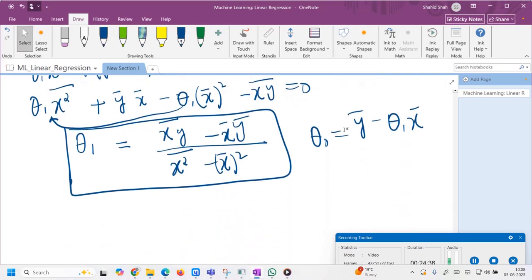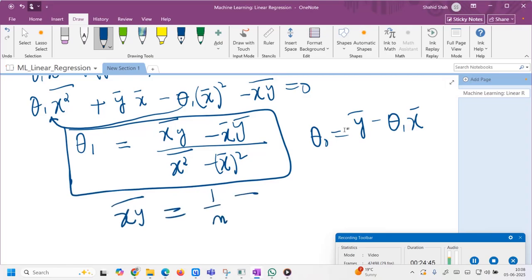Now what is the importance of this equation? You see the quantities on the right hand side. What is xy bar actually? It is a statistical quantity, 1 by m summation xi yi, i equal to 1 to m. xi, yi are the input-output data points given to you. For example, xi is the CGPA of a particular student, yi is the CTC of a particular student.